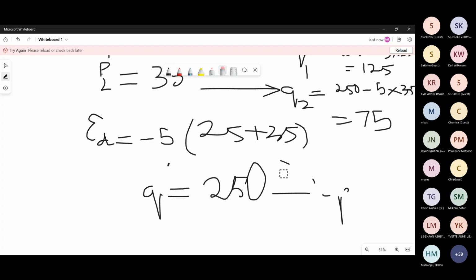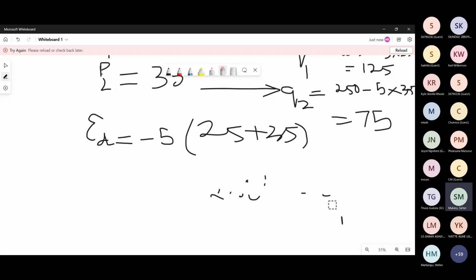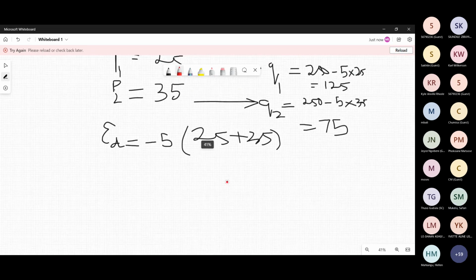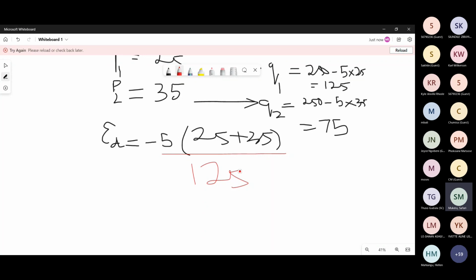So today we're slow, but I hope we try. Sorry, it always takes time to erase this. All right, divide by Q1 plus Q2, that is 125 plus 75.